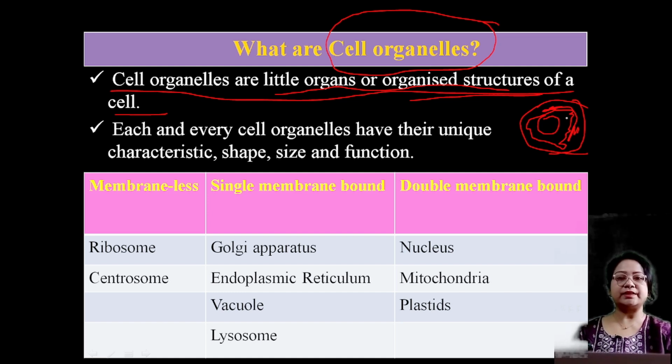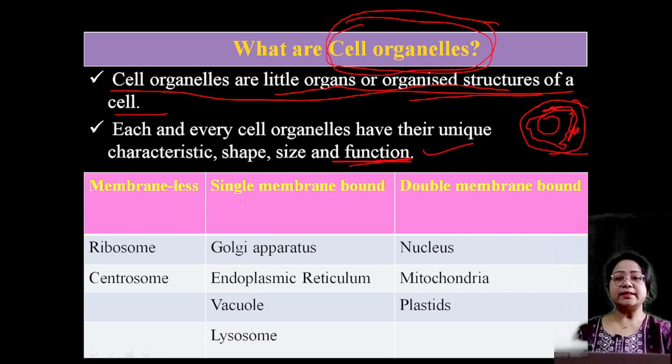They have a unique shape, different sizes, and they function differently, each with its own unique functions. So that the cell will survive, those functions should be performed by the cell organelles.